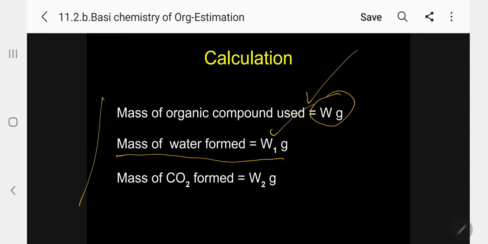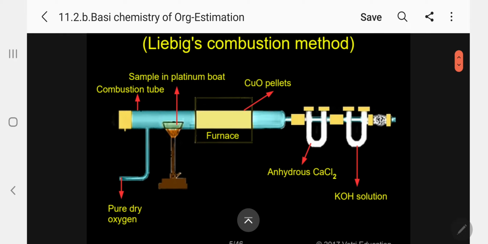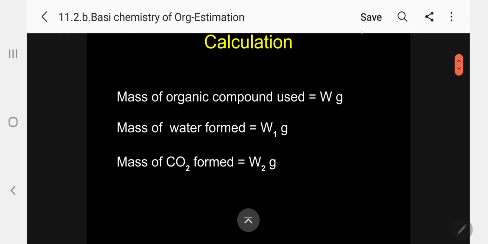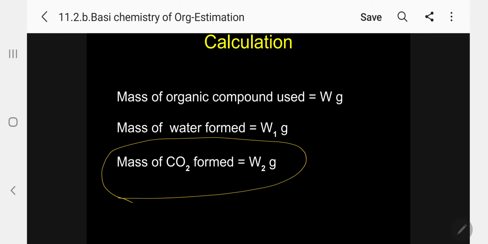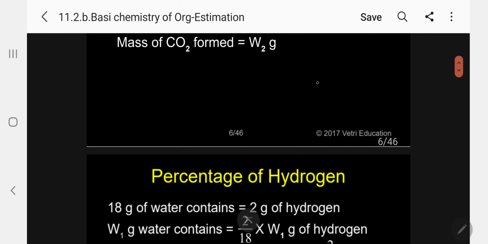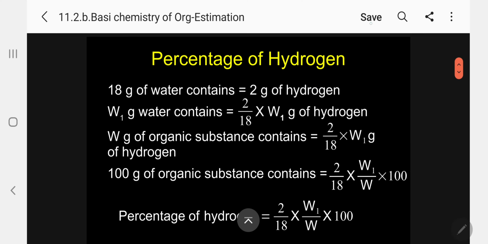Then the potassium hydroxide solution will absorb carbon dioxide, so the mass of carbon dioxide is identified, W2 gram. So we have the mass of organic compound W, the mass of water formed W1, and the mass of carbon dioxide W2. From this, we are going to determine the percentage of hydrogen and carbon.